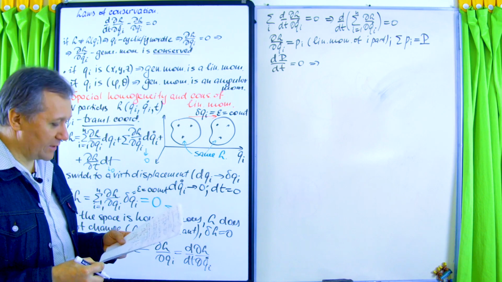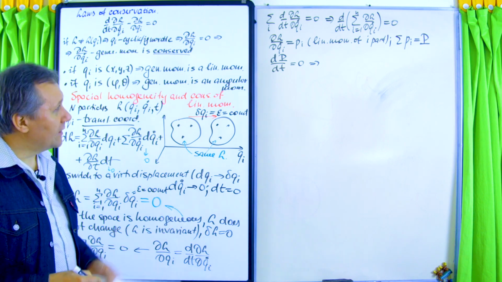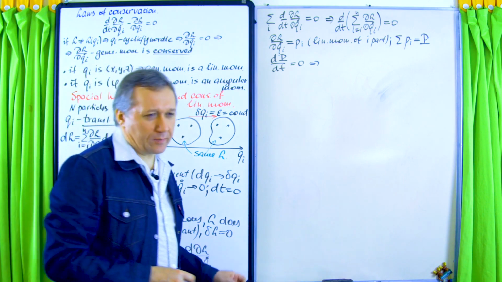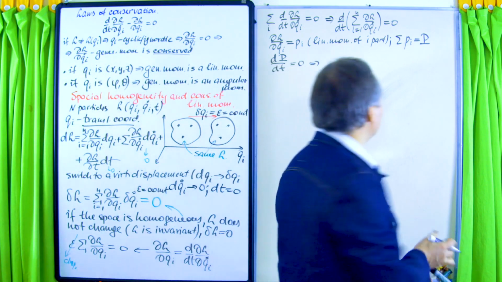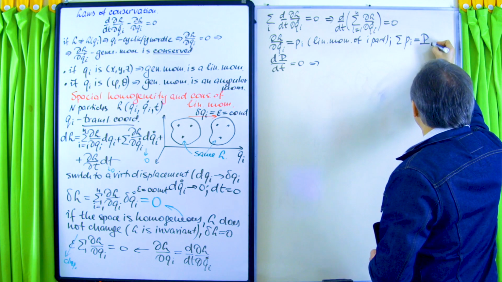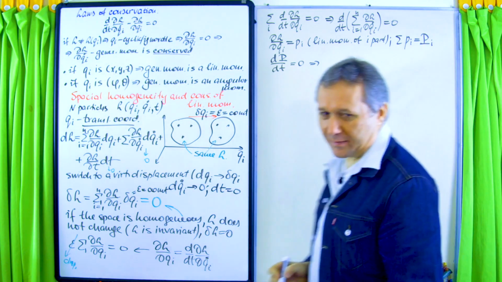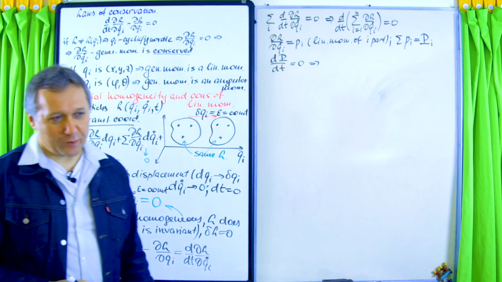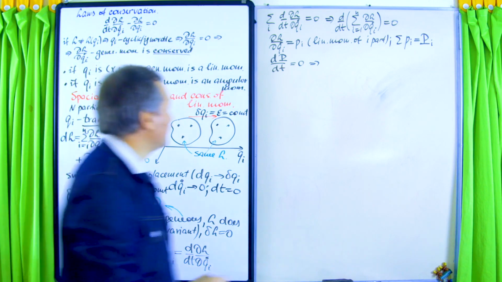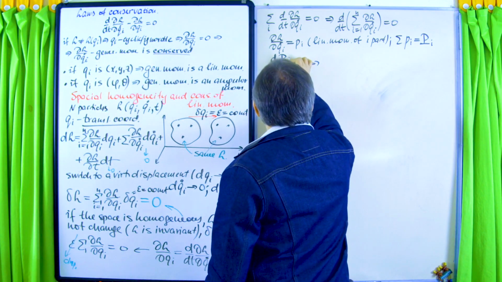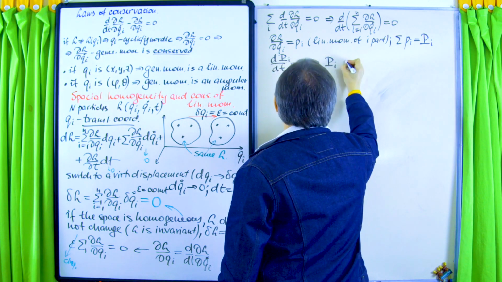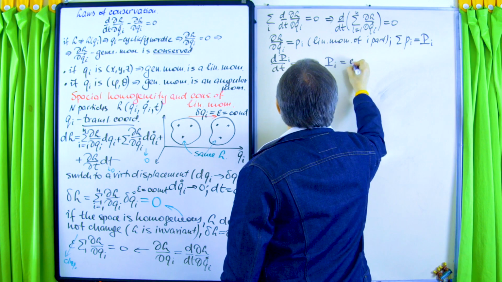I'm standing and thinking, because it will be a component of the linear momentum. So I need to add the subscript i, right? It's a component of the total linear momentum along that direction. So p_i of the total will be constant.